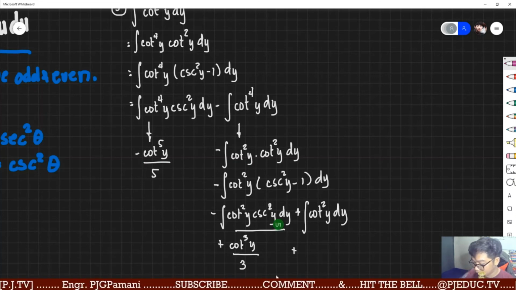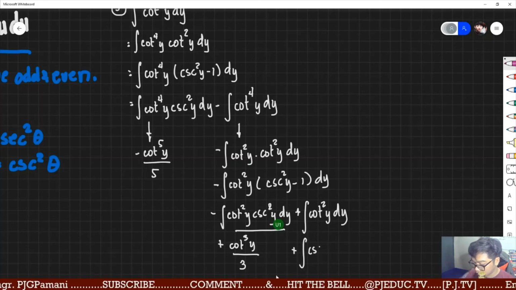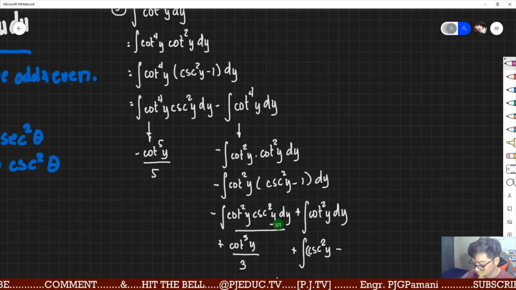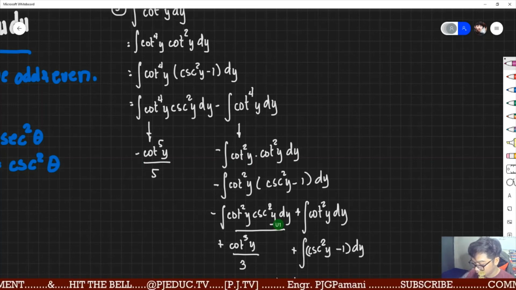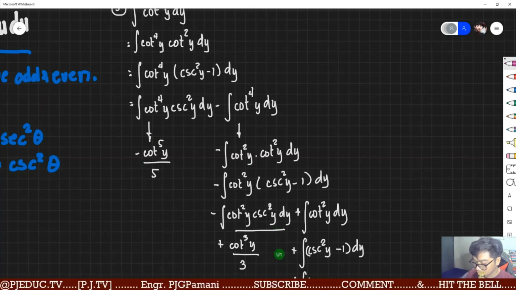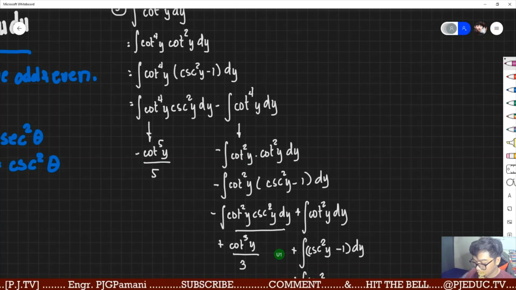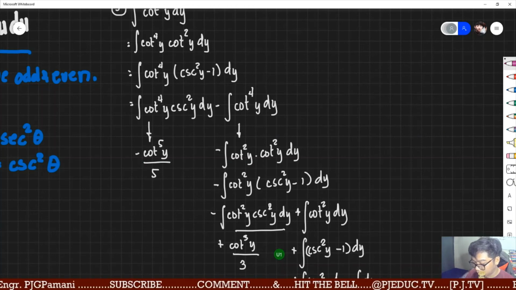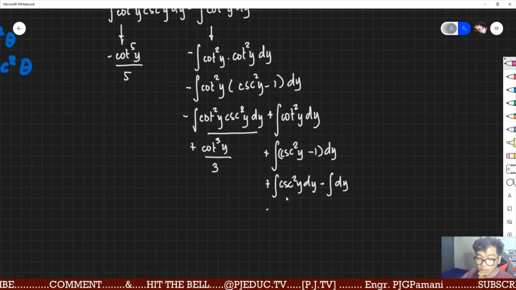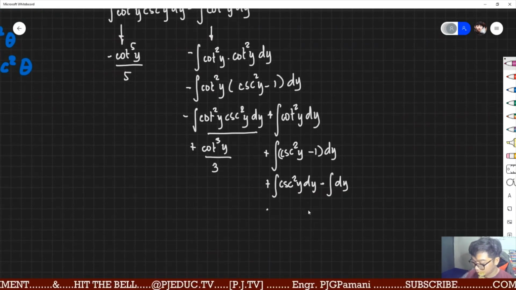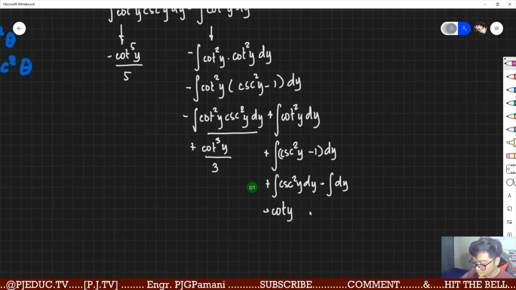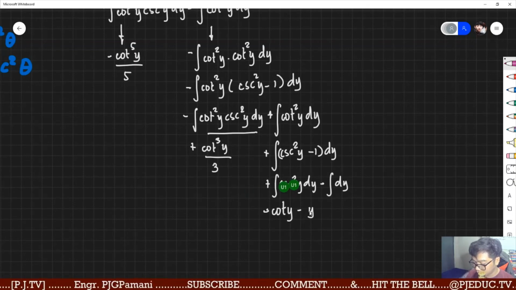Then for this part, cosecant squared y minus 1 dy. Distribute your integral sign. The integral of cosecant squared y dy minus the integral of dy. The integral of cosecant squared y is simply negative cotangent y. The integral of dy is simply y plus c.